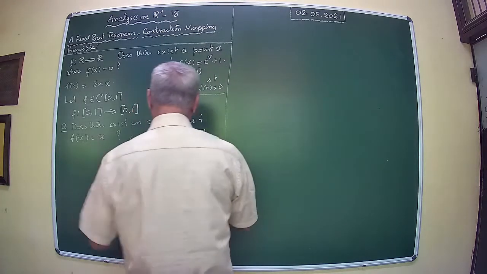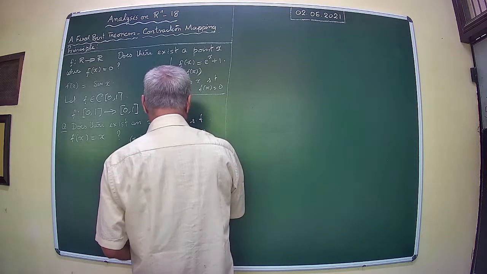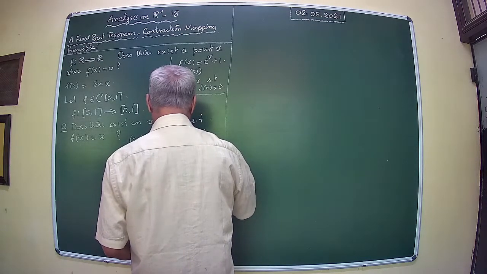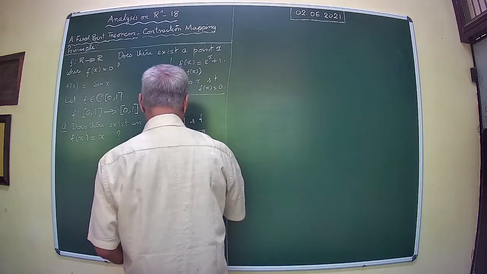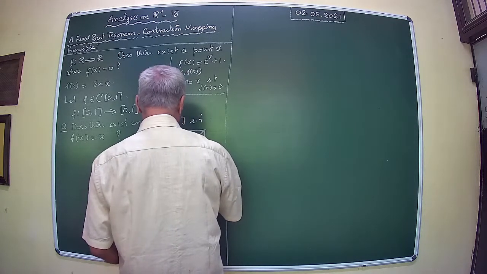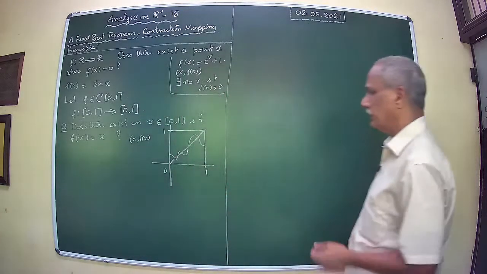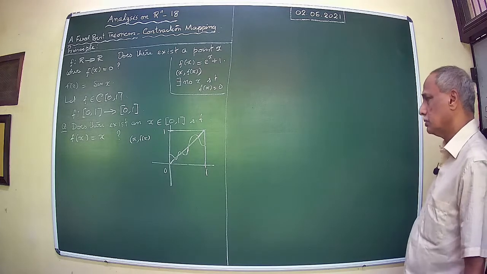So, what is the question that you are asking? You take the function y equal to x, whose graph is this. It's given by the line which is a diagonal of the square.